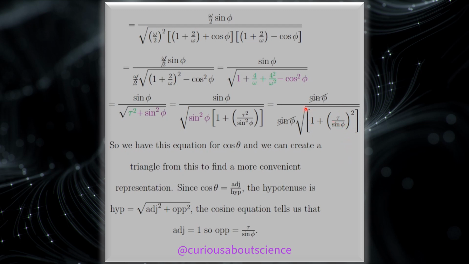So the hypotenuse is equal to the square root term here, which is this is adjacent and this is opposite. So this is why we had to do so much form matching, so we get the adjacent sides to be equal. This has to be 1, this has to be 1. So here we see that the adjacent is 1 and the opposite is tau over sine phi. Now let's create that triangle and see what's up.